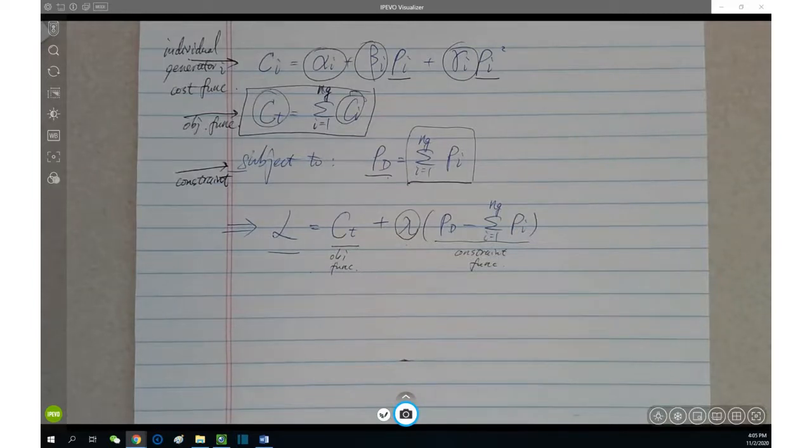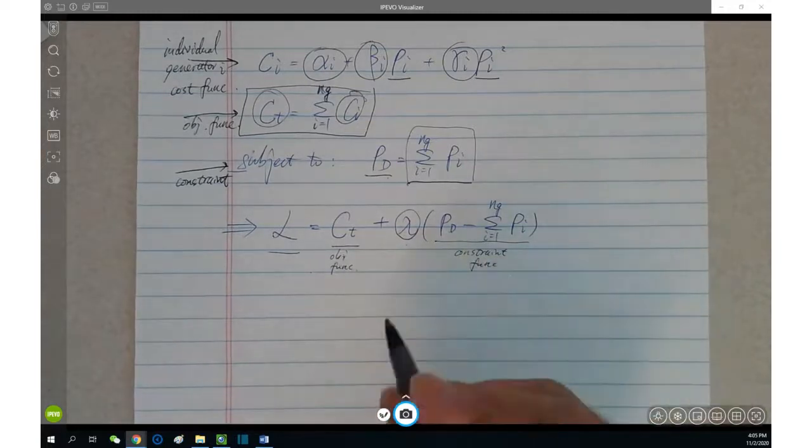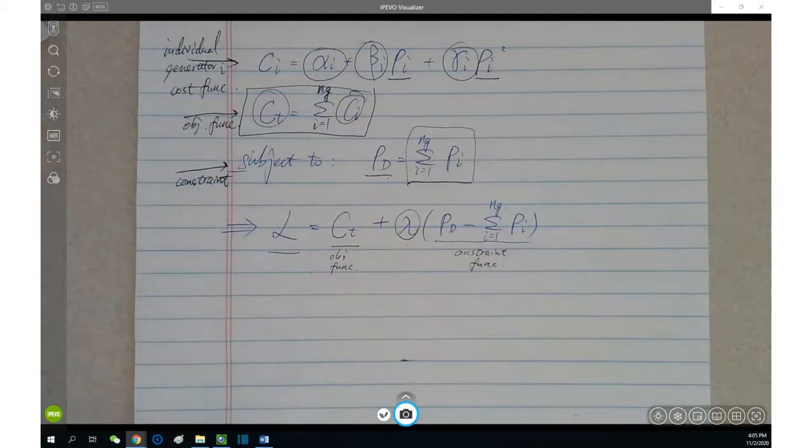And also you can tell both objective and constraint function are a function of what? Remember back in the mathematical problem we did, the objective function and constraint function both are a function of the same independent variables, right? So here, who is that independent variable?